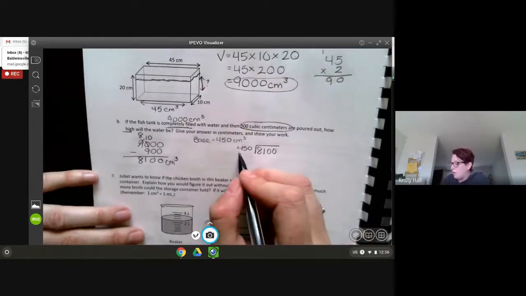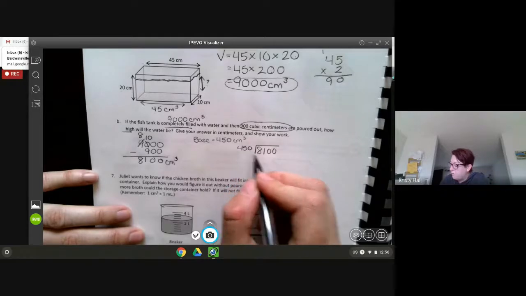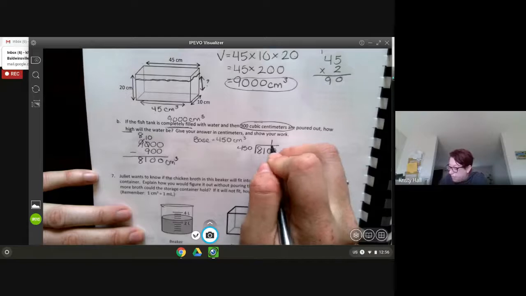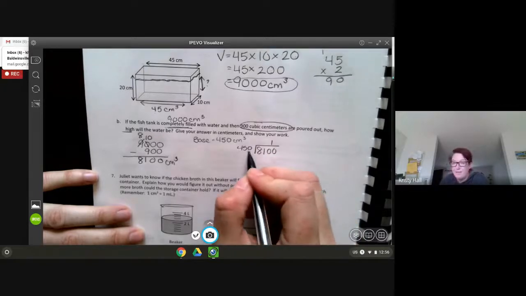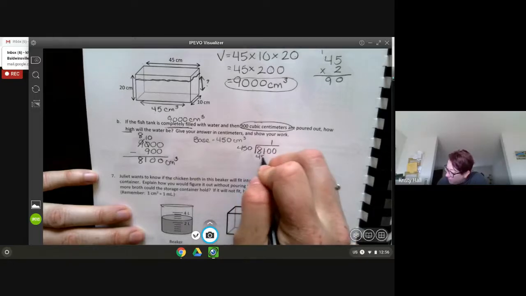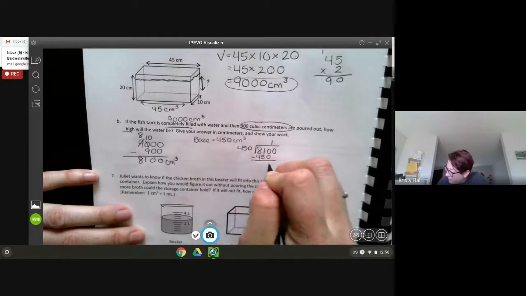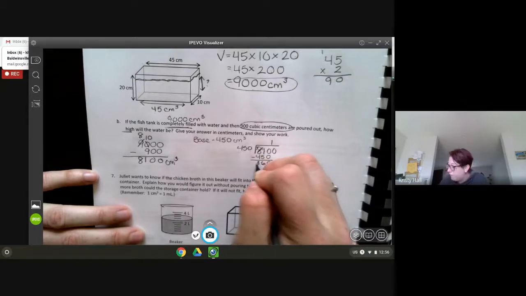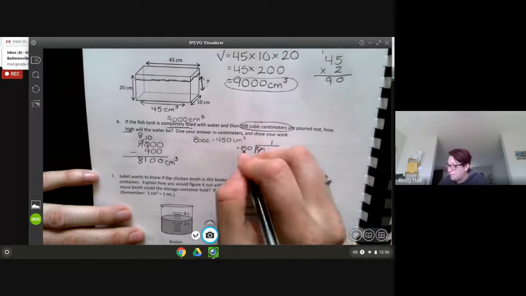So I have to think, how many times does 450 go into 810? Well, that's going to be 1 time because 450, if I did that twice, I'd have 900, and that's more than this. So I'm going to subtract. I have 360, which is less.